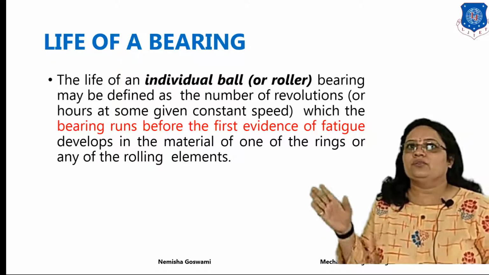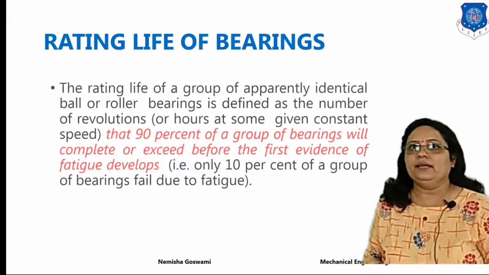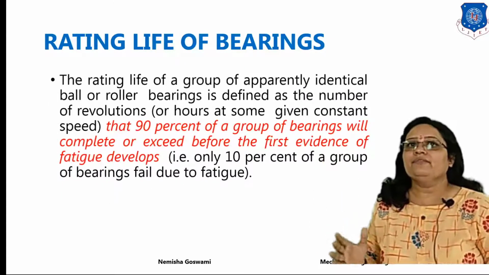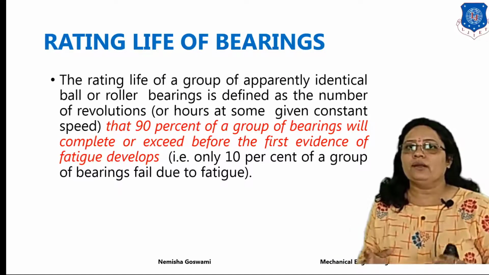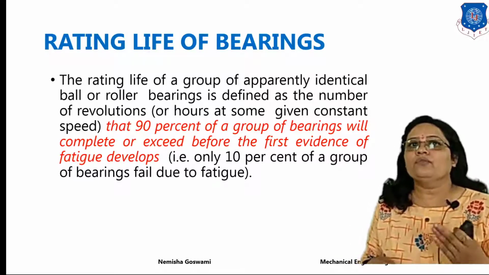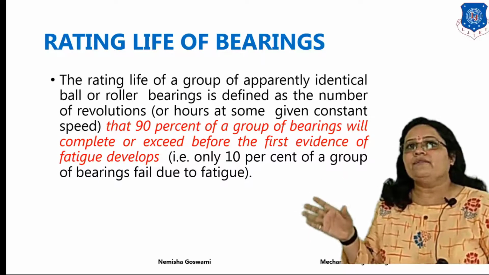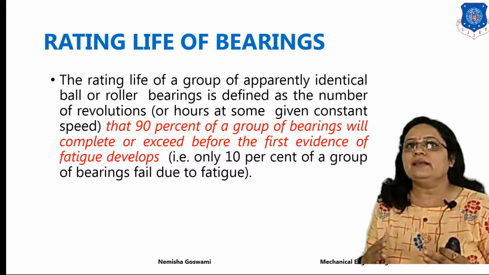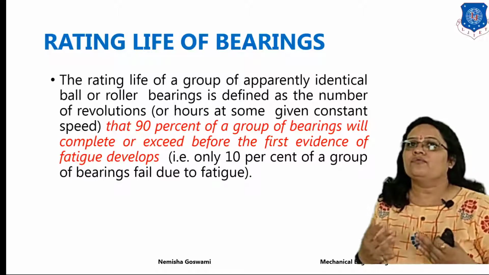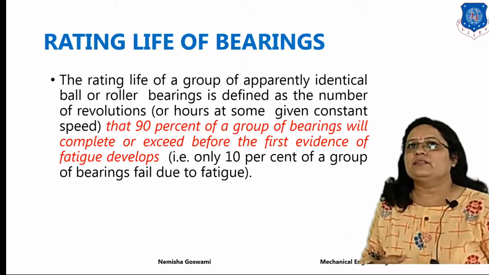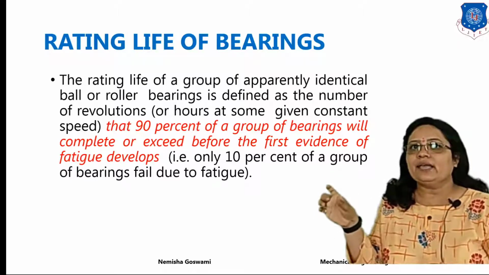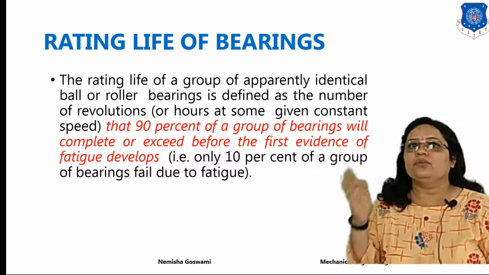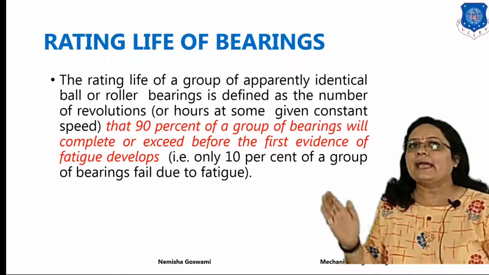That is known as the life of bearing, right? And for rating life, we consider a group of ball bearings or roller bearings. When 90% of the group of bearings will complete or exceed before first evidence of fatigue develops, that is known as rating life. So rating life is with respect to reliability of 90%.